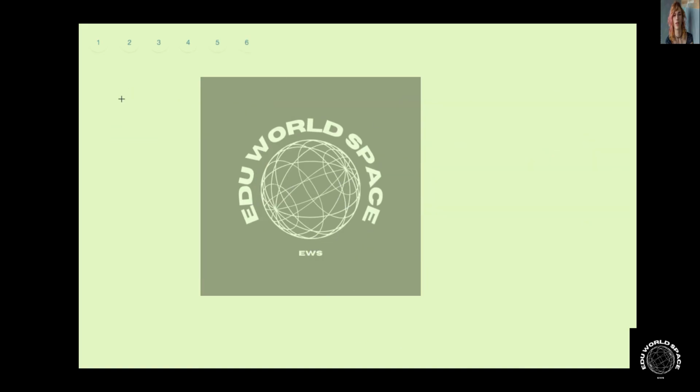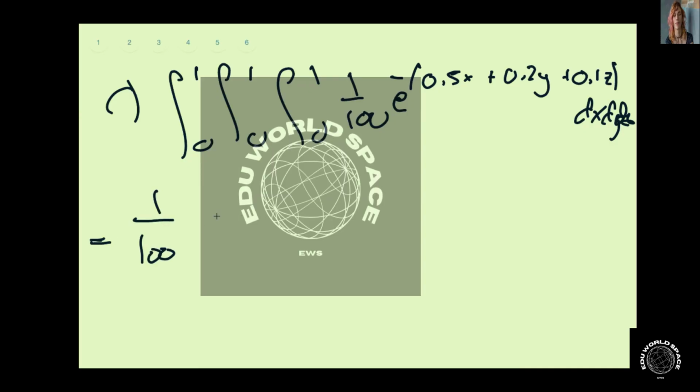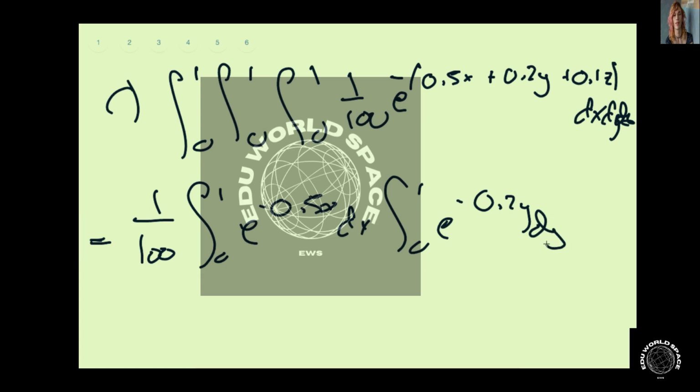And we've got one more, part C. Now we're just going 0 to 1 for each one: x, y, and z. 1 over 100 of our function, and remember, our function is e to the negative (0.5x plus 0.2y plus 0.1z) dx dy dz. So we've got 1 over 100, going from 0 to 1 of e to the negative 0.5x dx, 0 to 1 of e to the negative 0.2y dy, 0 to 1 of e to the negative 0.1z dz.